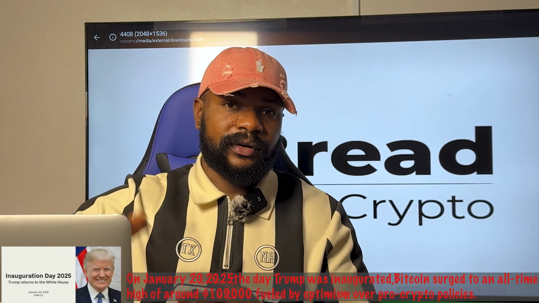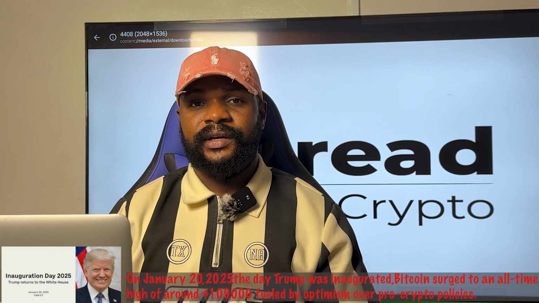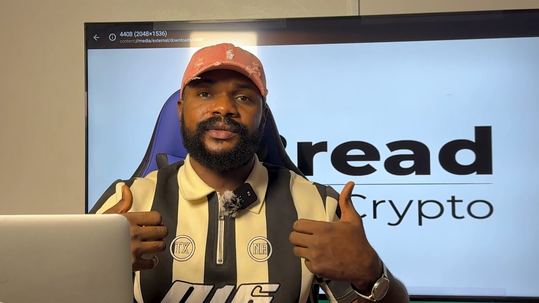So different things happen, like when the president of the United States of America became president, the Bitcoin pumped up to a different level. So these are like external factors that affect currency pairs. There are fundamental tools in different sites that you can use to understand how to gauge these values properly.